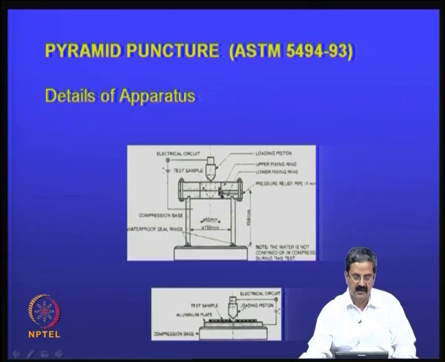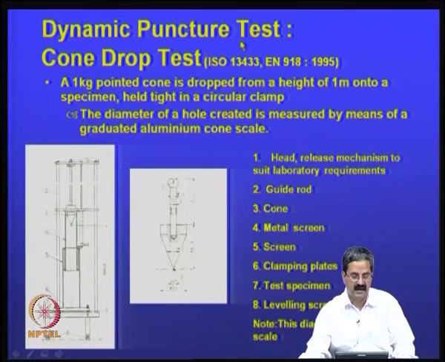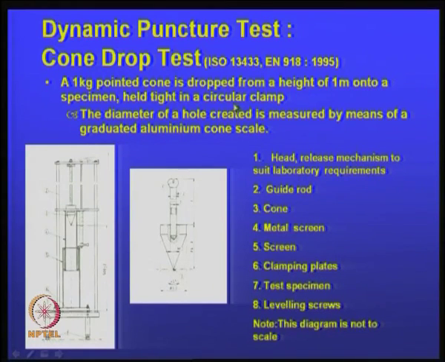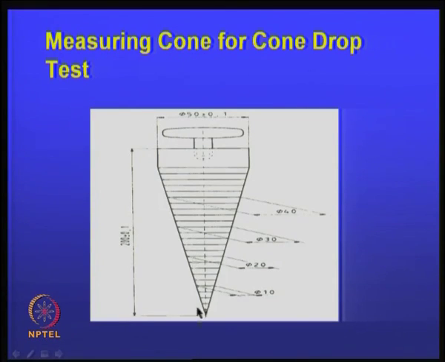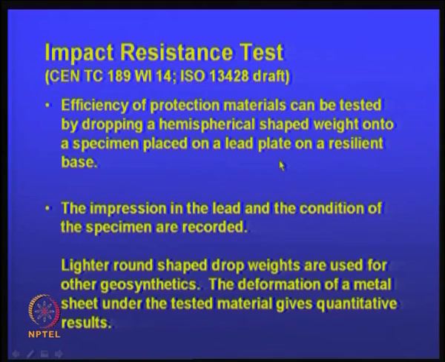You have a dynamic puncture test, in which a 1 kg pointed cone is dropped from a height of about 1 meter onto a specimen held tightly in a circular clamp. The diameter of the hole created is measured by means of a graduated aluminum cone scale. So, there are some measurements of how much puncture it can give. In fact, some of these tests are index tests, but they are very useful in deciding about the product. So, this is the cone drop test.